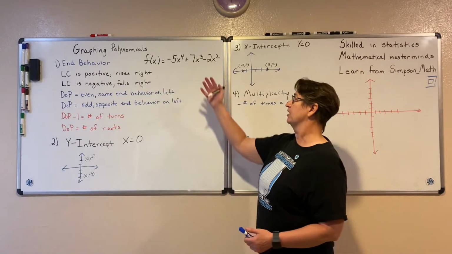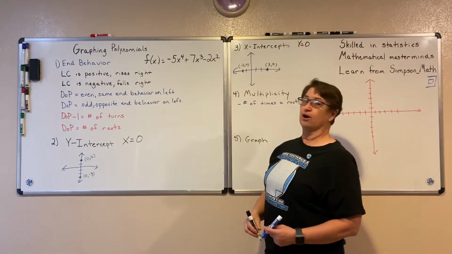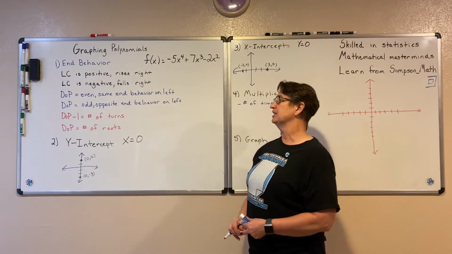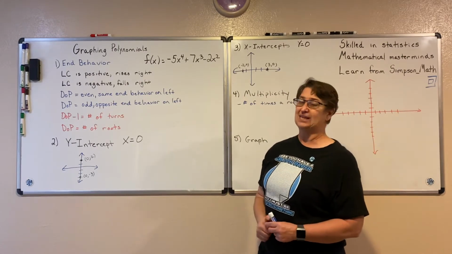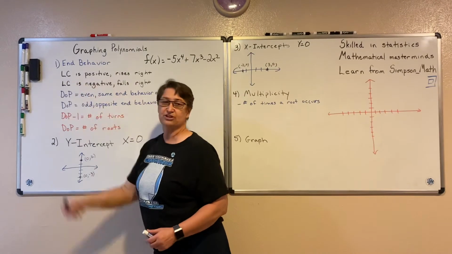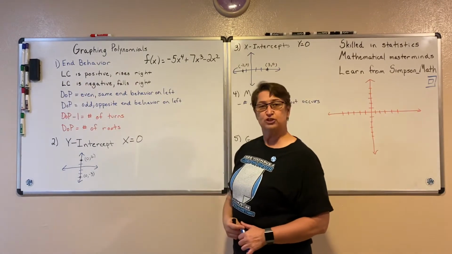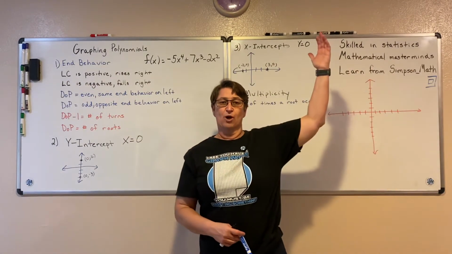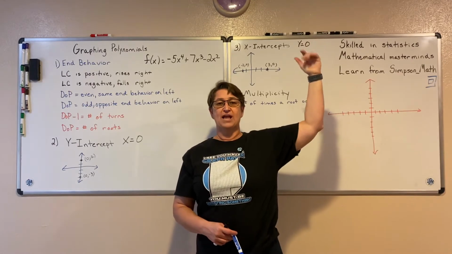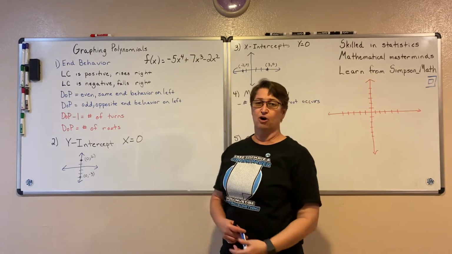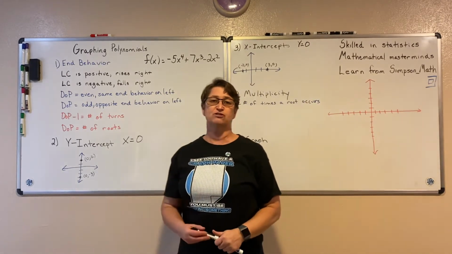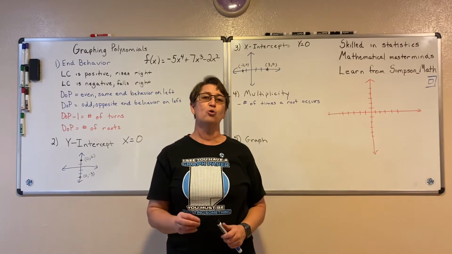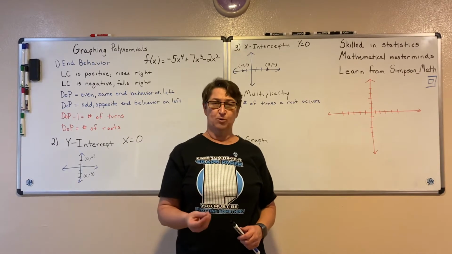I have here a polynomial for us to do. The first thing we're going to do is look at the leading coefficient. Remember that leading coefficient, that's what that LC is. When the leading coefficient is positive, then on the right it's going to rise. And when the leading coefficient is negative, then on the right it's going to fall. And the leading coefficient is just the coefficient on the term with the highest exponent.